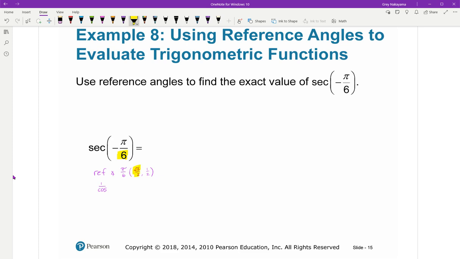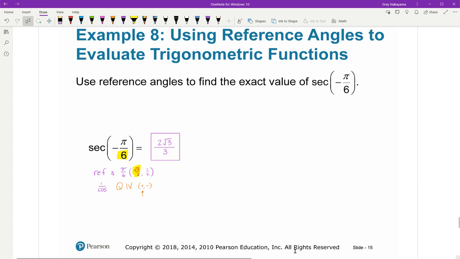So when I flip that guy, I get 2 square roots of 3 over 3. What quadrant is negative pi over 6 in? It is in quadrant 4, where our signs are positive and then negative. So my answer is going to be positive. And that's what we've got. So you kind of got to know the value, and then you got to know where the angle ends up.